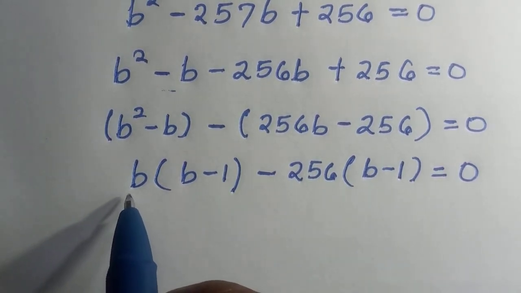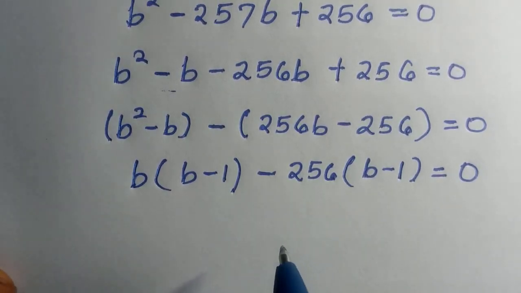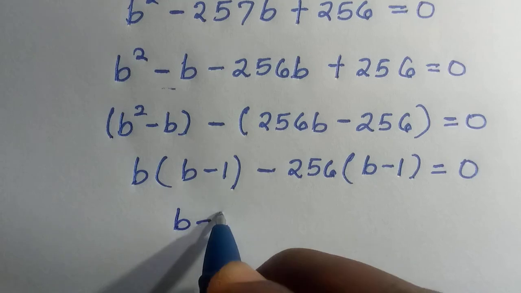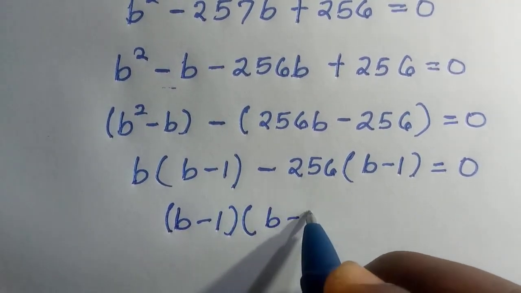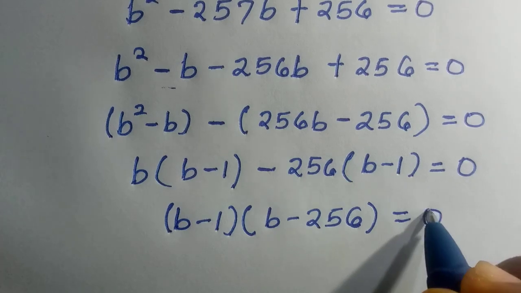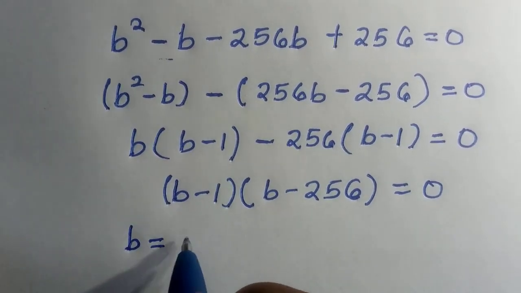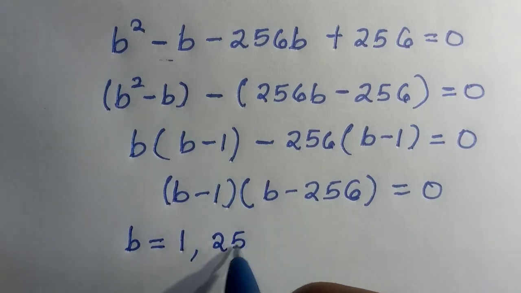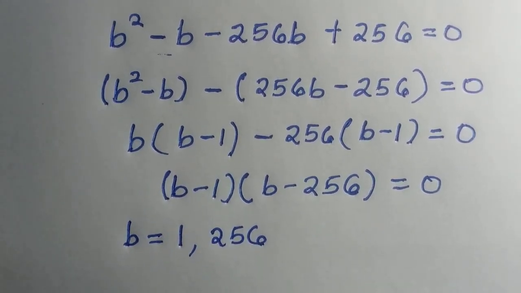Then we combine b and the minus 256 together, and we take 1 of b minus 1. Therefore we have b minus 1 in bracket, open bracket, b minus 256 equals 0. So we have b equals 1 and we have b equals 256. So we can just call it b equals 1, 256.